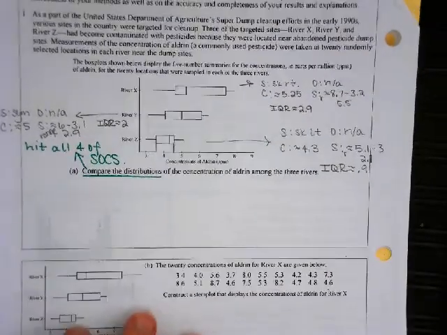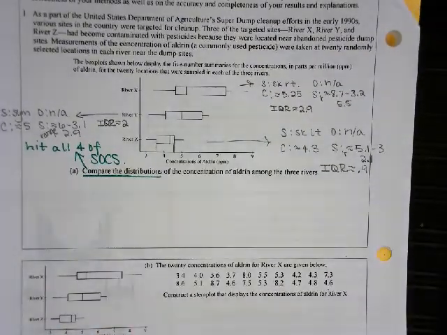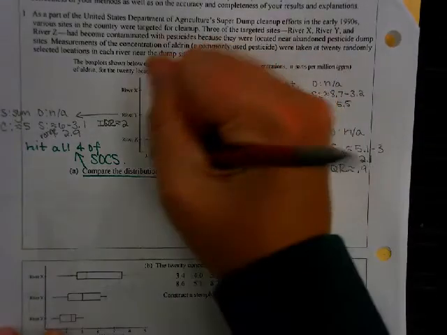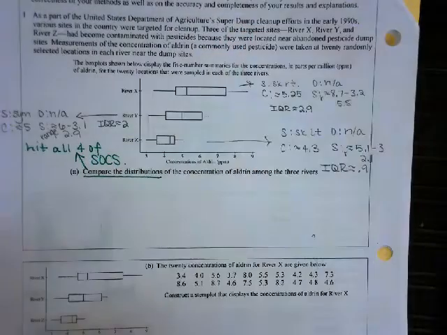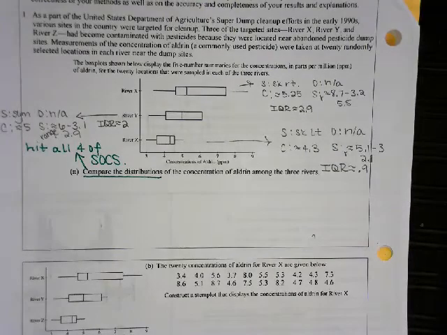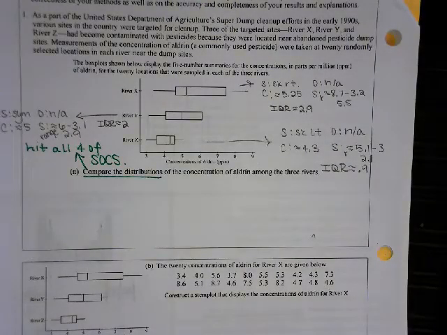So now that I've identified all the SOCS for each of those box plots, now I'm just going to go through and make sure that I have at least one sentence for each of the 4 parts of SOCS. So I'm going to hit on shape, outliers, center, and spread. And like I said, I'm sure you guys can make it sound much more elegant than I can.